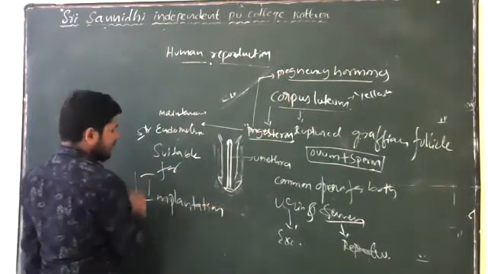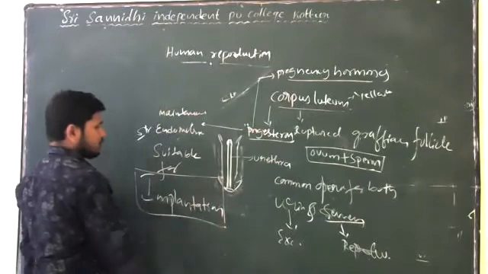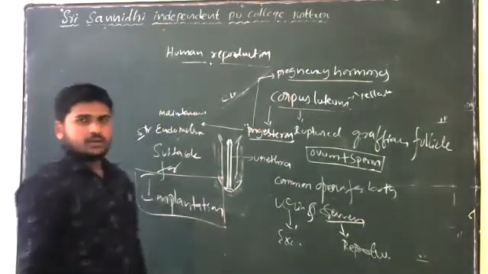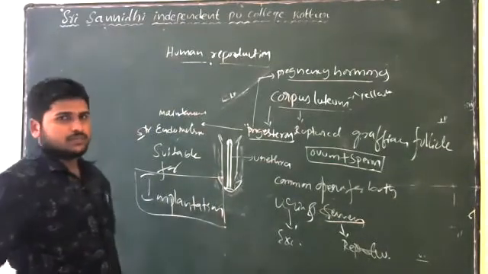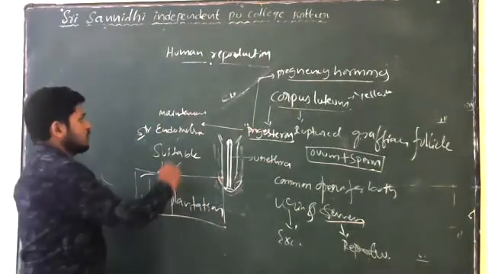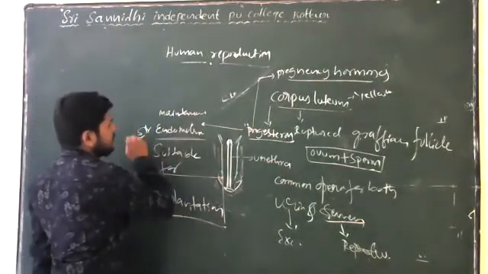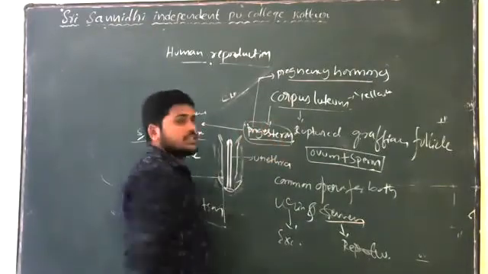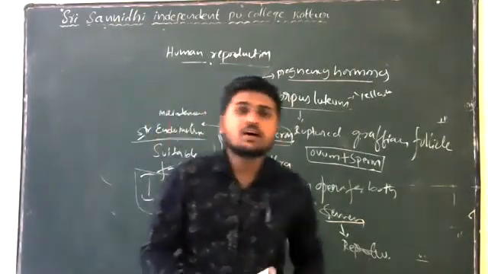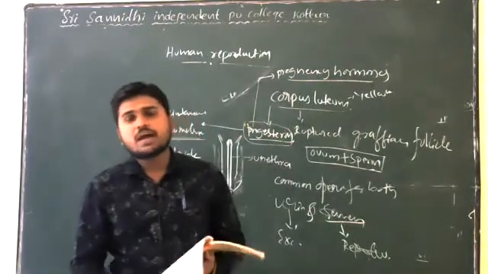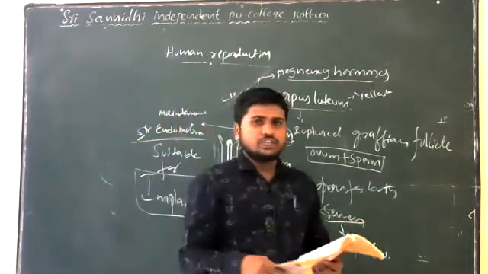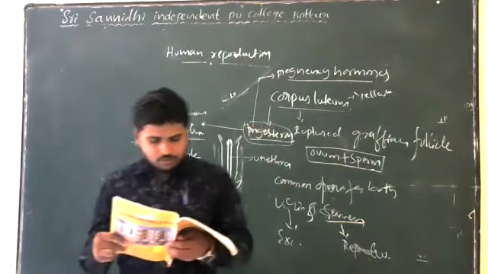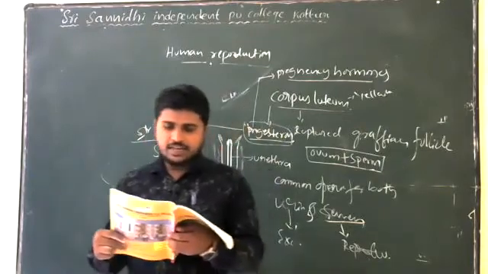The process of attachment of the blastocyst to the endometrium. For the implantation process, maintenance of the endometrium structure is very important, and that is maintained by progesterone. That's why it is also called the pregnancy hormone. The function of the mammalian corpus luteum is the secretion of progesterone hormone. Option 2 is the right answer. Next.